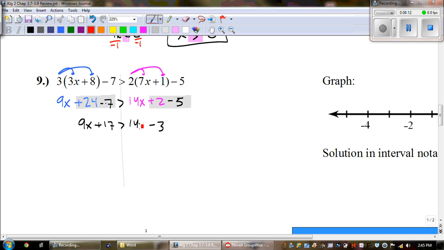I'm going to move it to the left. So I'm going to subtract 14x to both sides. 9 minus 14 is a negative 5x, plus 17 is greater than negative 3. And we're going to pause it right now, and you guys are going to solve and graph all on your own. Pause the video. Good luck.